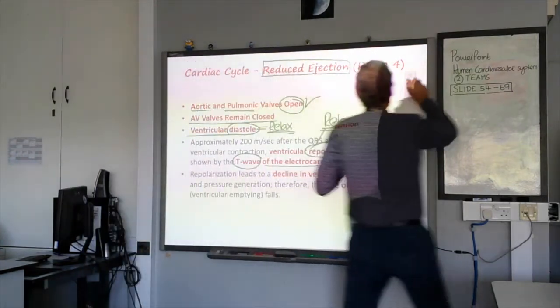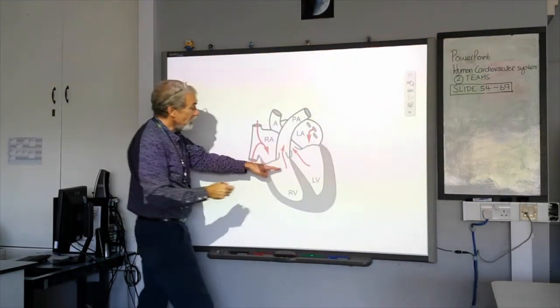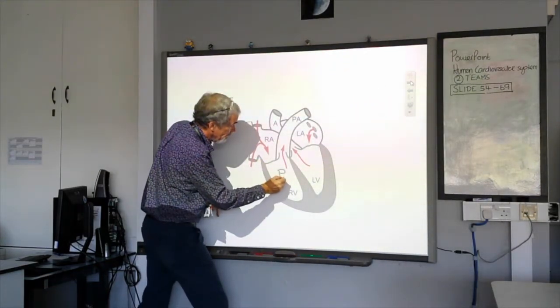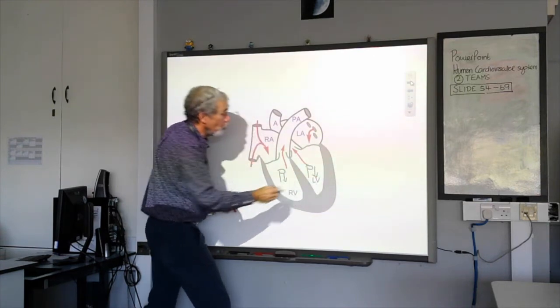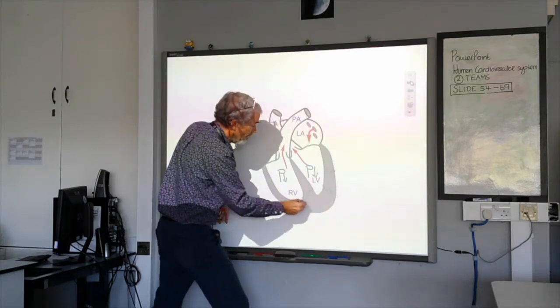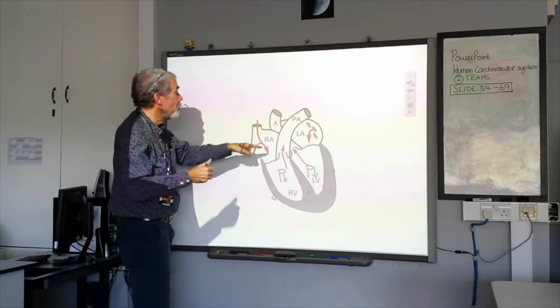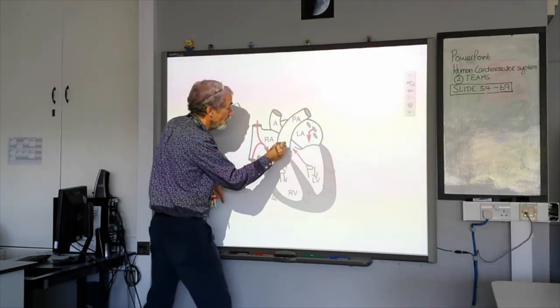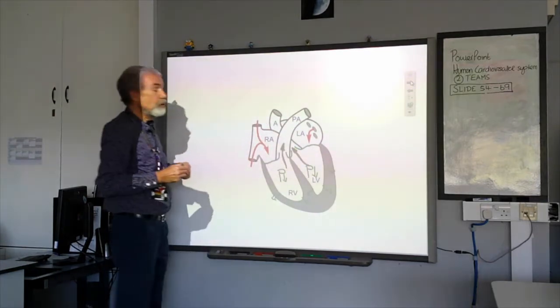Okay, and so our diagram looks like this. The pressure now is starting to fall. The pressure is starting to fall because these walls are now starting to relax. But the pressure is still high enough to force blood out through the pulmonary artery, and it's still high enough to force it out through the aorta.